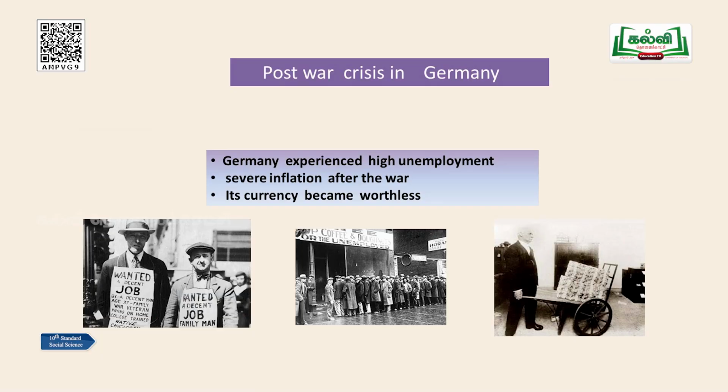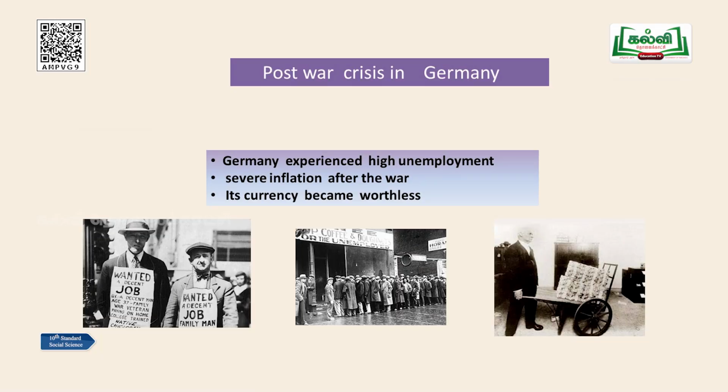We are going to see the next reason: post-war crisis in Germany. We learned that Germany faced so many problems after World War I. What was the major problem faced by the Germans? The first problem, high unemployment. Why was there suddenly unemployment? Why were the people thrown out of jobs?